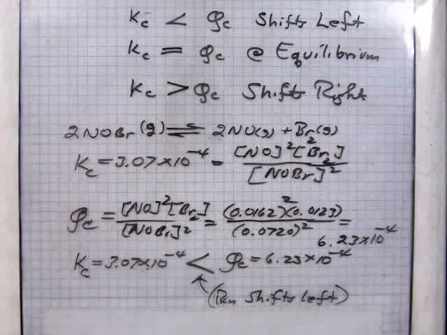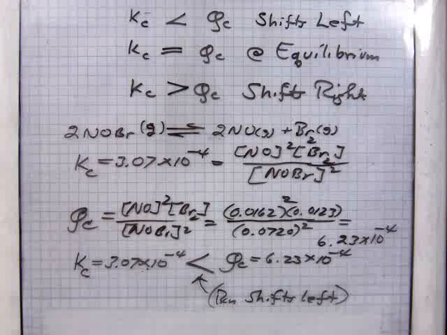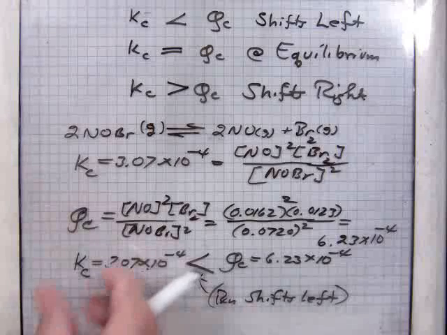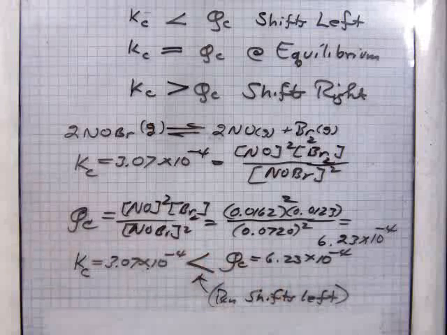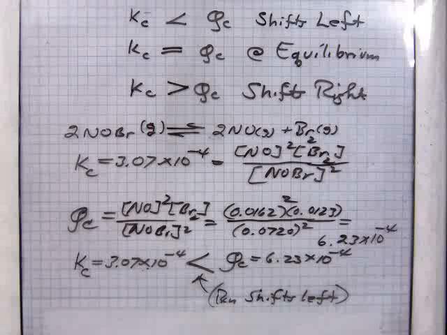If you set up K's before Q's, it's real easy to point them out. And there are about 3 or 4 more in there, and you just do the same thing. Now, again, if Q equals KC, well, you're at equilibrium. If it turns around where KC is greater than QC, then it's going to shift to produce more products in the reaction.